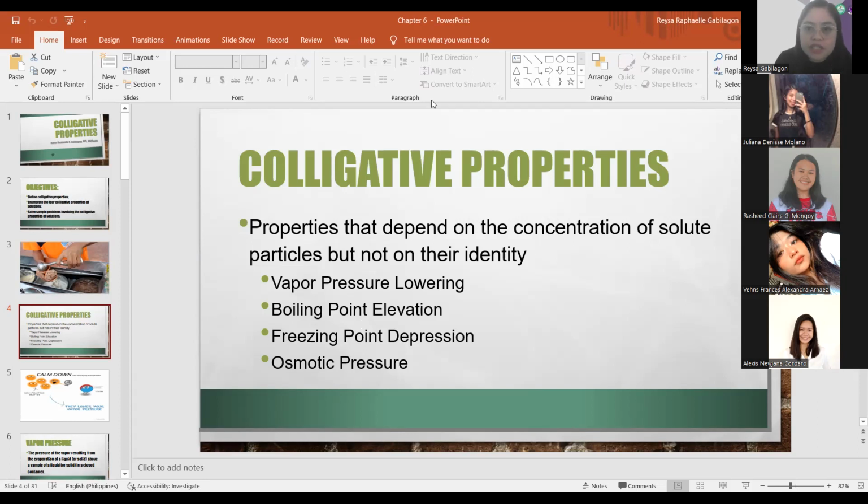Osmotic pressure is equal to MRT. M is the molarity. R is the gas constant, 0.08205 liter ATM per mole K. And then we multiply them by the temperature. Do not forget that the temperature must first be converted into Kelvin.